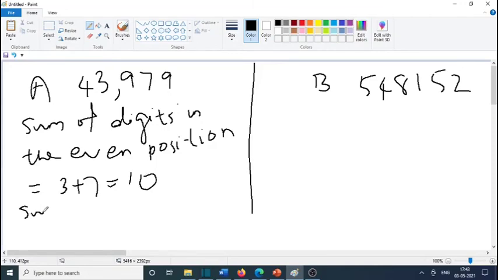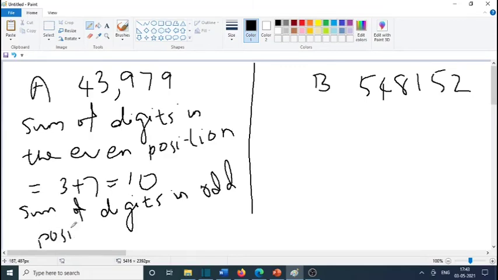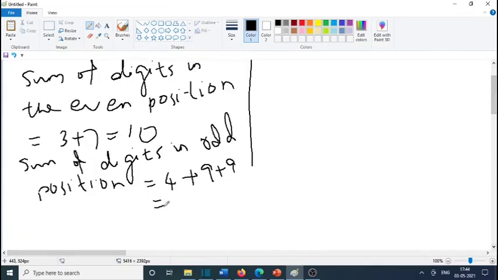Now the sum of digits in the odd position is equal to 4 plus 9 plus 9. 4 plus 9 is 13, 13 plus 9 is 22.